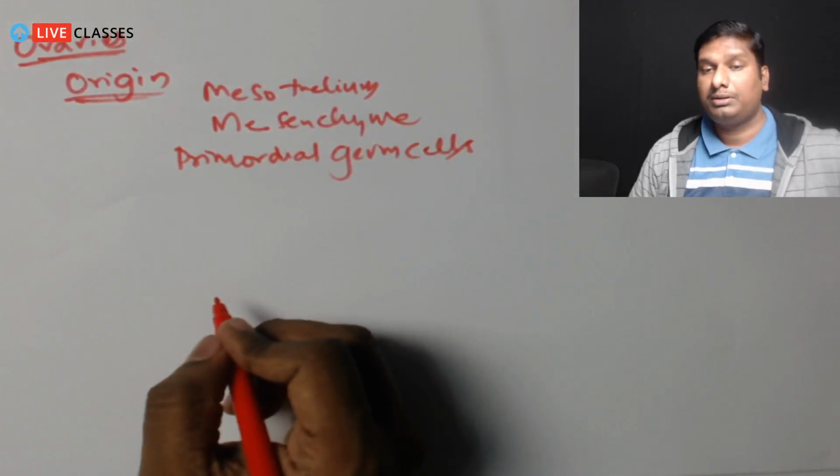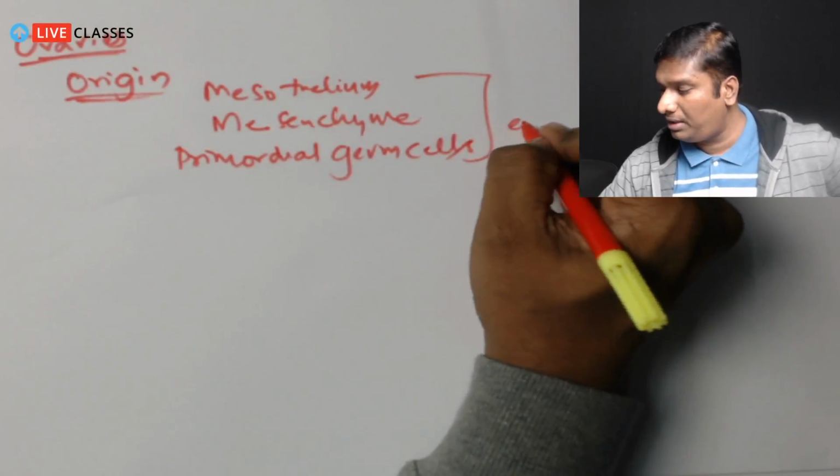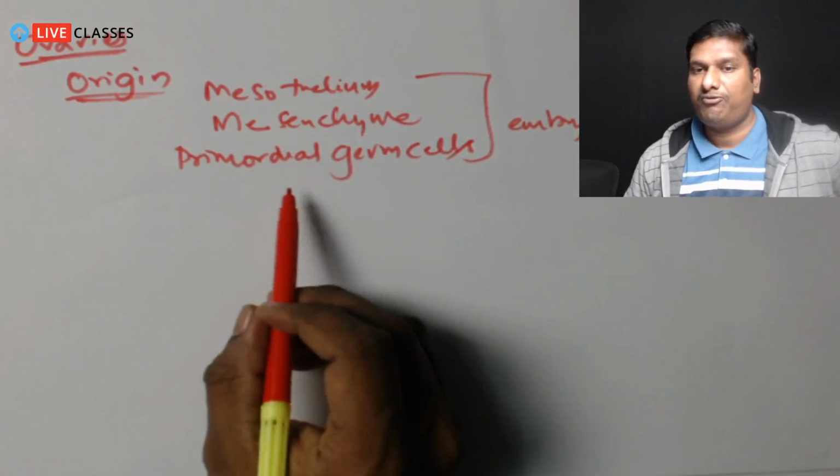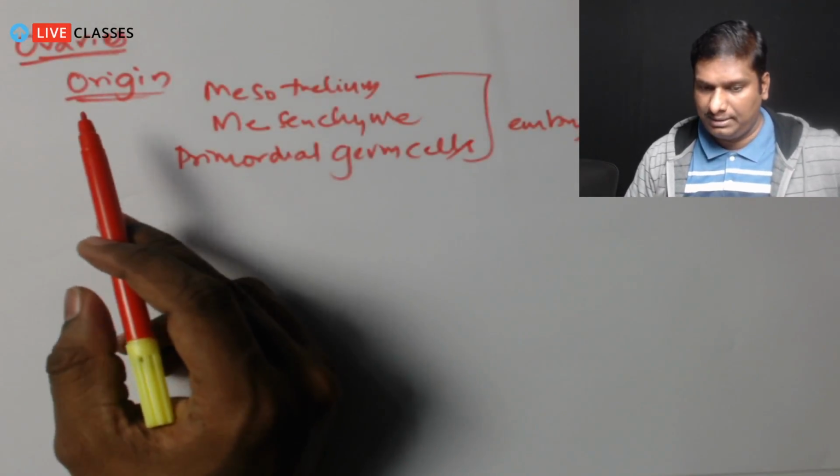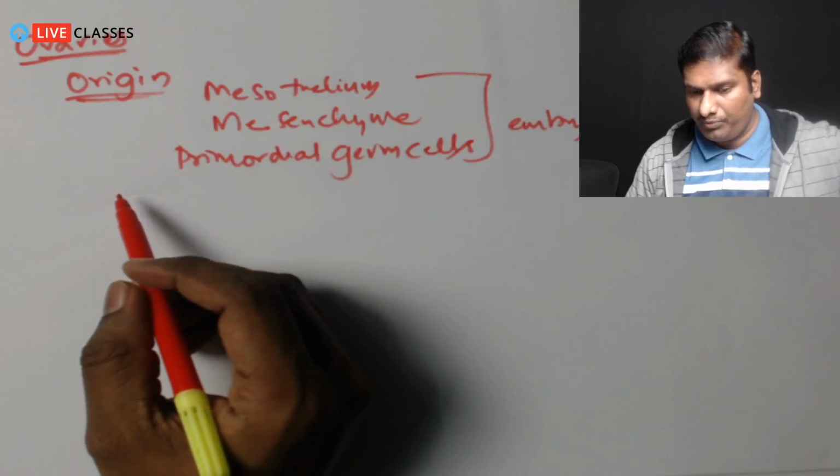These three layers of the embryo actually form the ovaries.